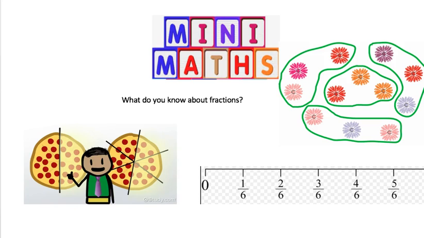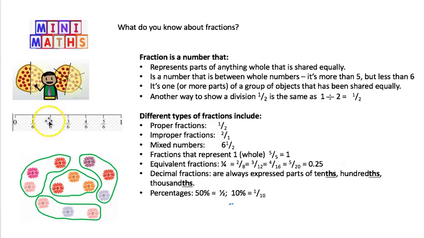And let's have a look at what you know about fractions. Equal parts, shared equally, very important. Groups can be shared equally, and fractions can be on a number line in between things. Now, what do you know about fractions? These are the important ideas you need to remember.